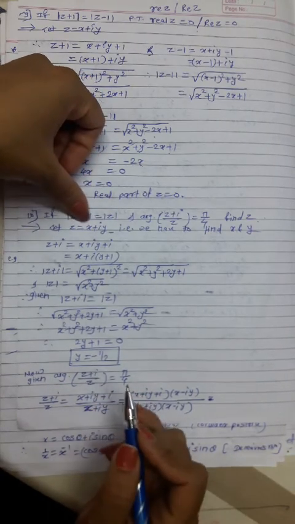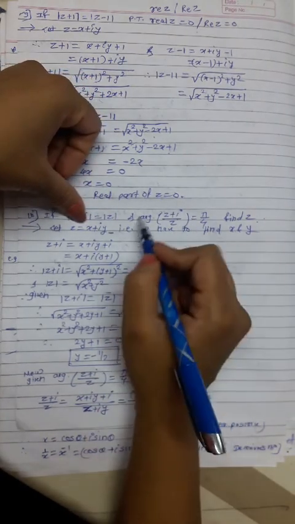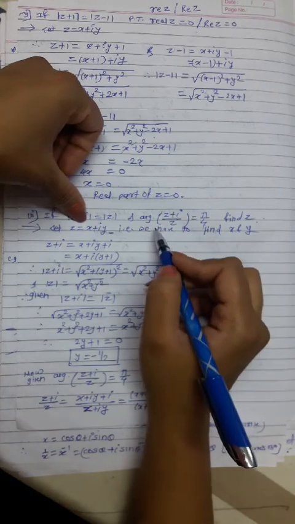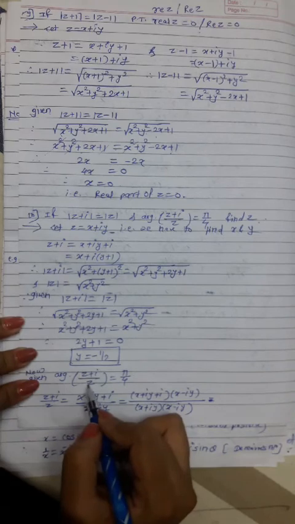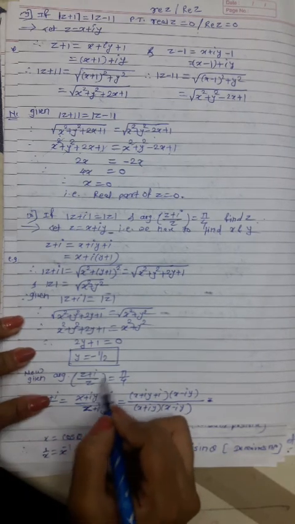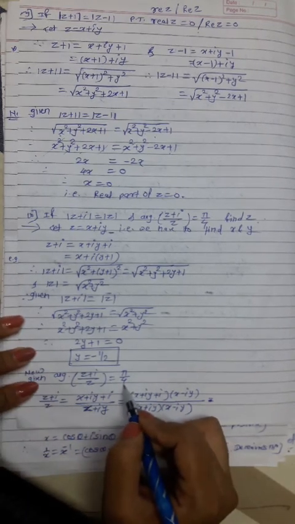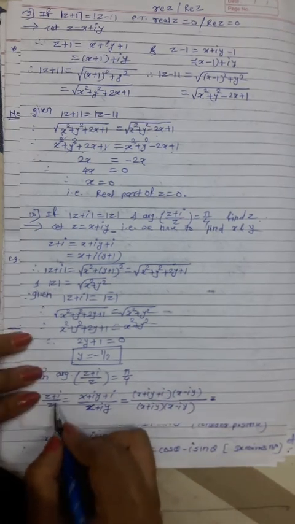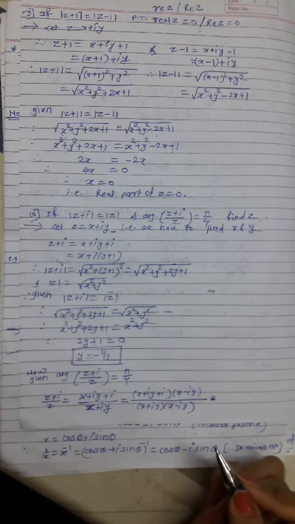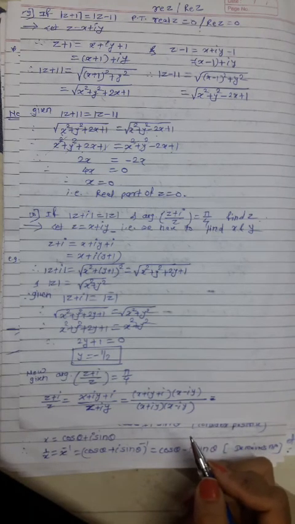Now in a similar way, from this we are still not using this, therefore now consider the given thing: argument of this complex number (z plus i) upon z is equal to pi by 4, which is a given value. Therefore (z plus i) upon z, what is the argument of this thing? Argument means a theta value.